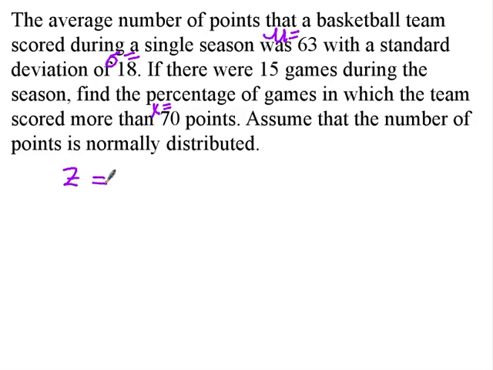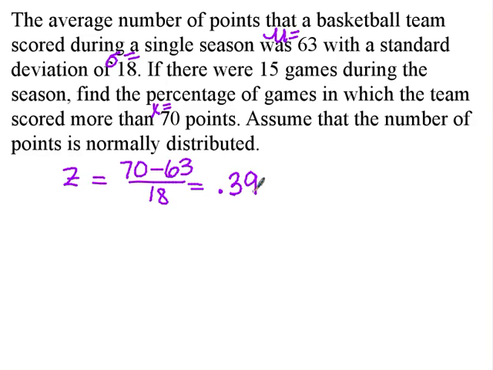Z equals, what do you get? 70 minus 63, over 18. What do you get? 0.39.